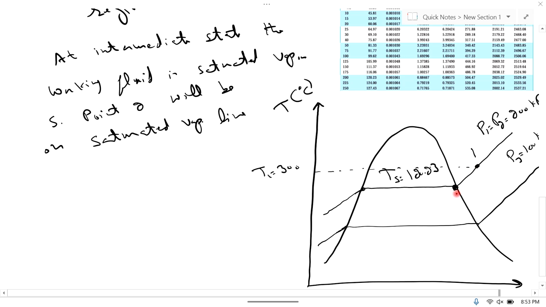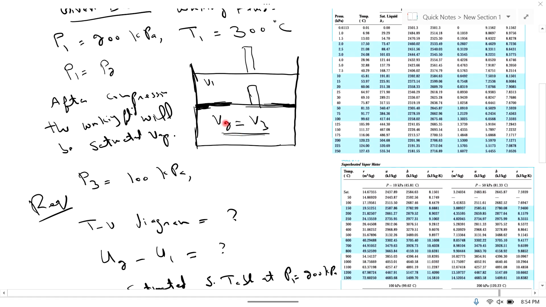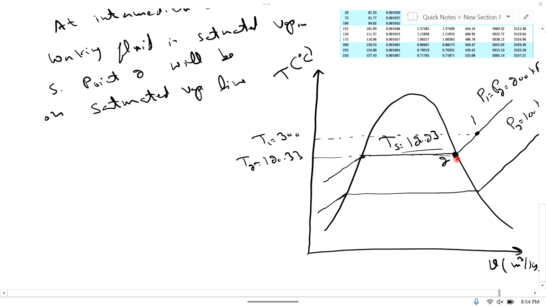At point 2, the temperature T2, or Ts, is equal to 120.23, because here the temperature is the saturation temperature. Now we know that from 2 to 3 the volume is constant, because here are stoppers and the piston cannot move further, so V2 is equal to V3. So this will be a constant vertical line.